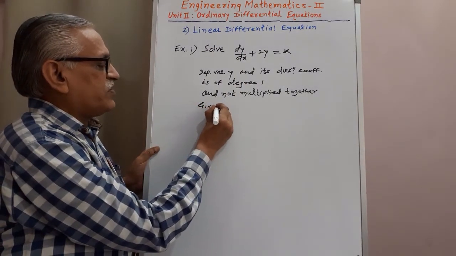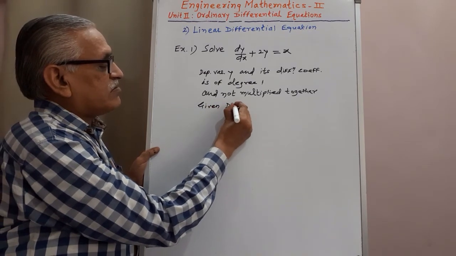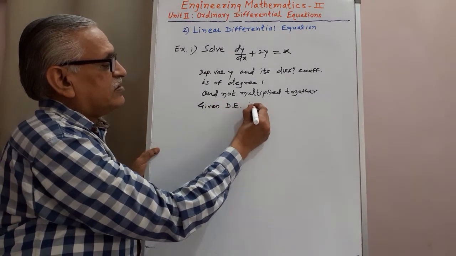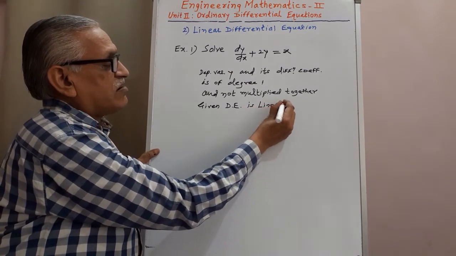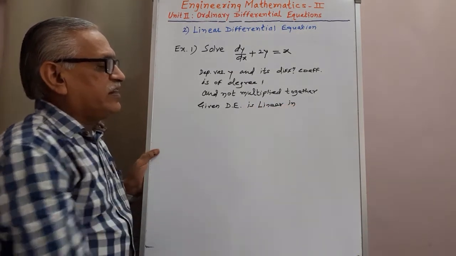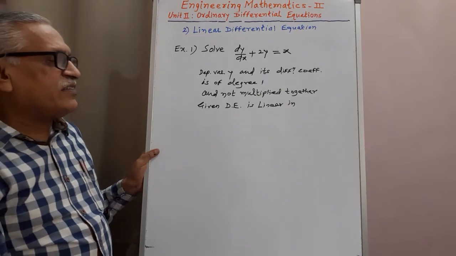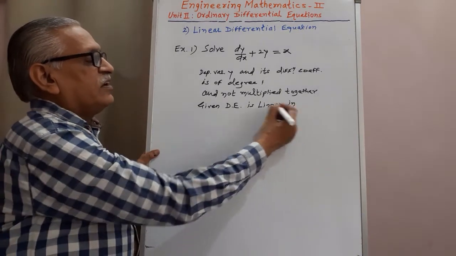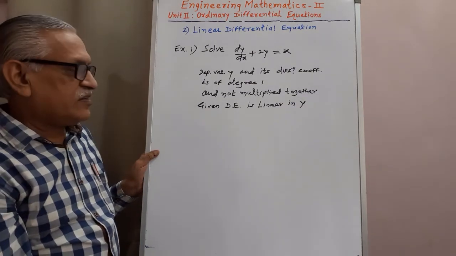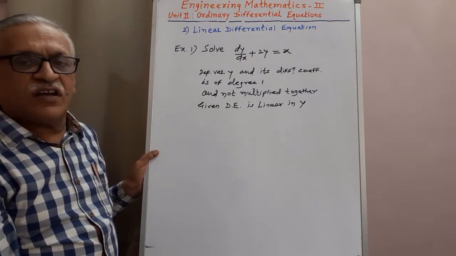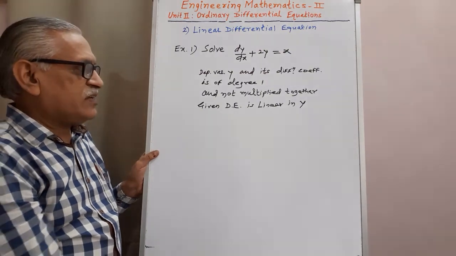Given differential equation is a linear differential equation, and it is linear with y as the dependent variable, therefore linear in y. Linear in y means y as a dependent variable.